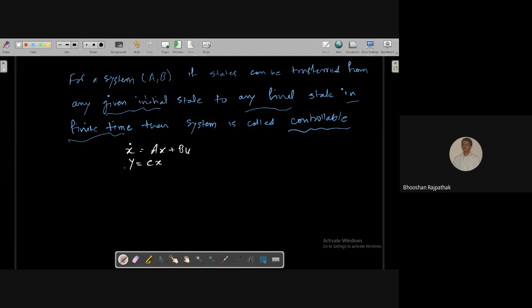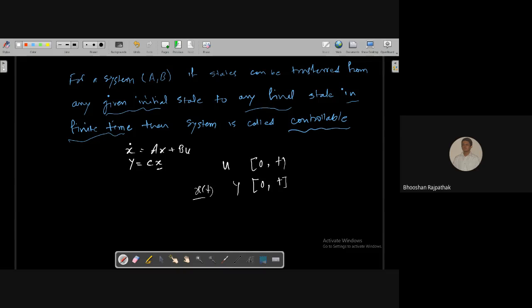Output is available to us. The input is also available to us over that period 0 to t. So u is available, and y is available. Now the question is, can you predict what the states are at time t? Can you observe the states at time t when the input u is available from 0 to t and output y is also available over 0 to t? Can you predict or calculate the value of the states x at time t?